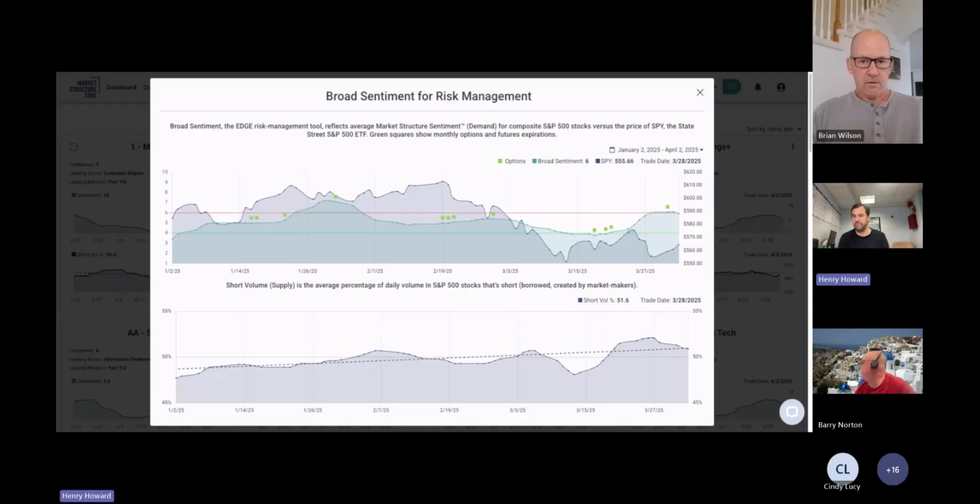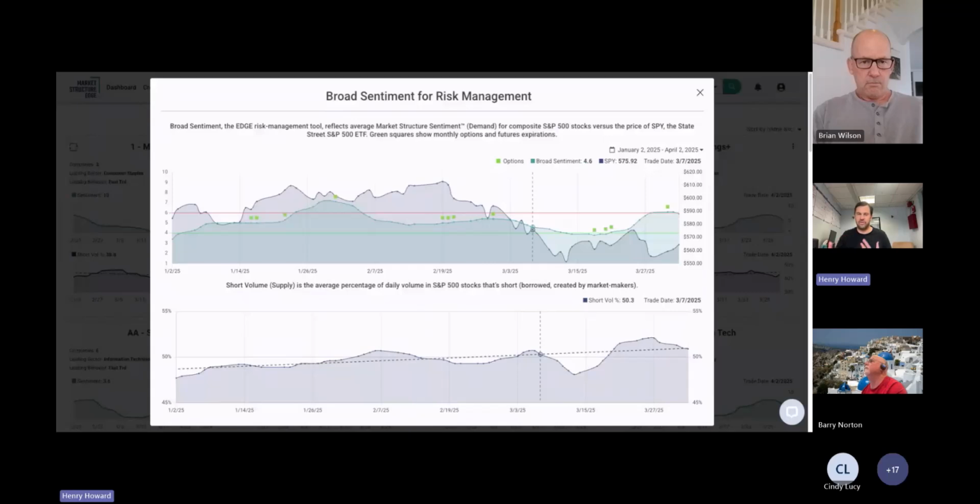So we can get a perspective on the short side of what investors and traders are thinking. That's the first thing that I go through: looking at broad market sentiment and understanding, is sentiment rising, is sentiment falling, where are we bottoming? Looking back to February, I remember we were riding this like we could hardly get higher than 5, and then sure enough, we broke down a little bit more.